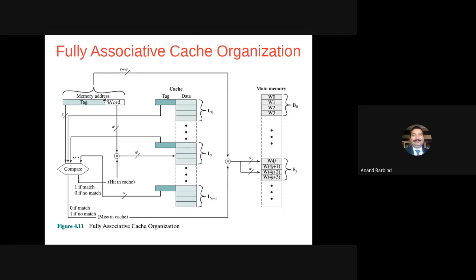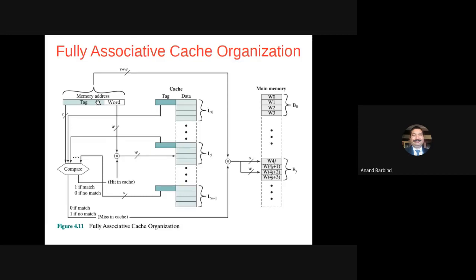Okay, so this is how you can organize the fully associative memory. This is the memory address. The memory address is divided into two different fields only. That is the word field, which is determined by the size of the block. W number of bits, so 2 to the power w is the size of the block, and the remaining bits are the tag value.